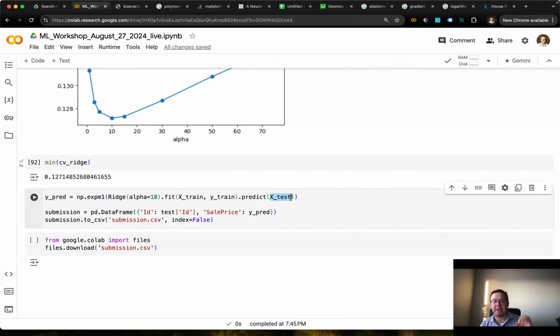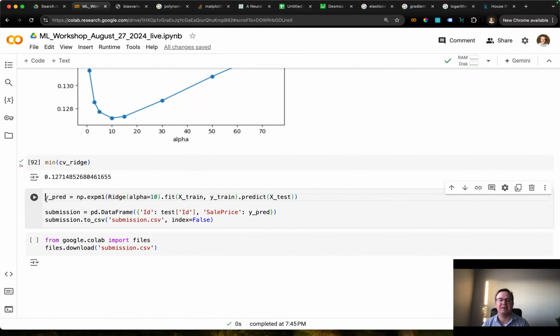Now the one wrinkle here is my predictions are going to be the log of sale price. Kaggle doesn't want the log of sale price submitted. They want actual sale prices. So I have to reverse the logarithm by using an exponential function to undo the logarithm. So I'm unlog transforming these to get them back in a format that Kaggle will like.